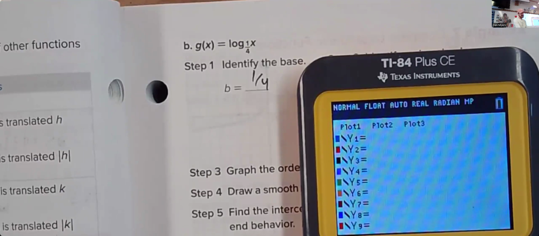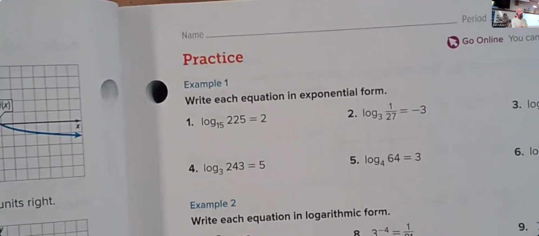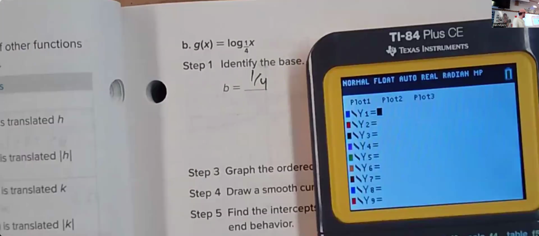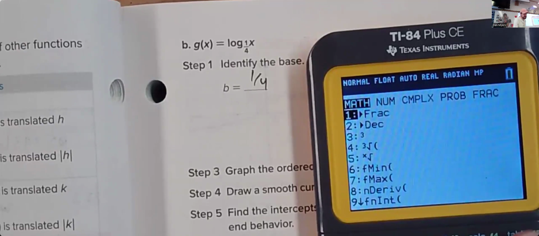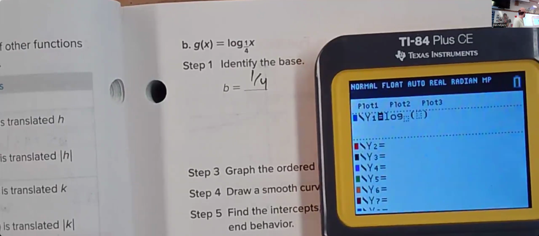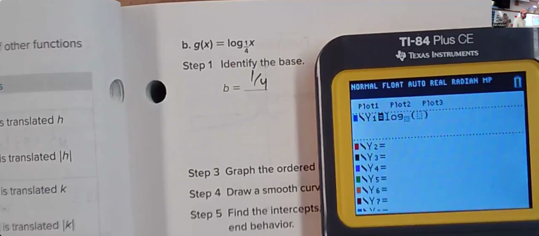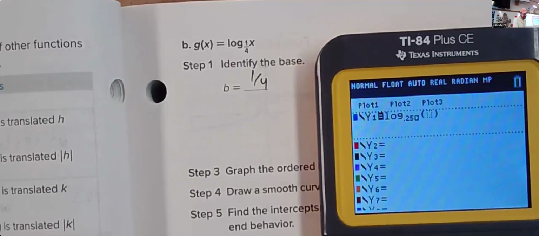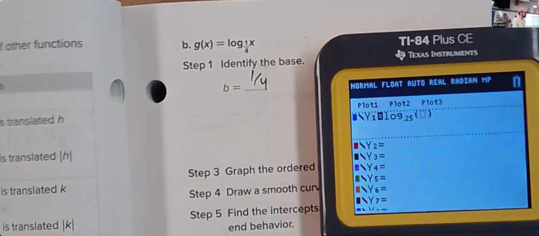Let's see, we got 10 more minutes today. We'll probably finish up tomorrow. It's fine. I'm not in a rush. So, log base 1/4. You can use a decimal if you want to. I'm going to use a decimal just because I don't want to go back to the math menu and enter a fraction.